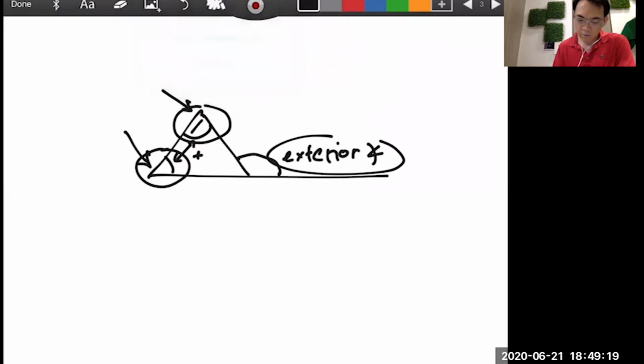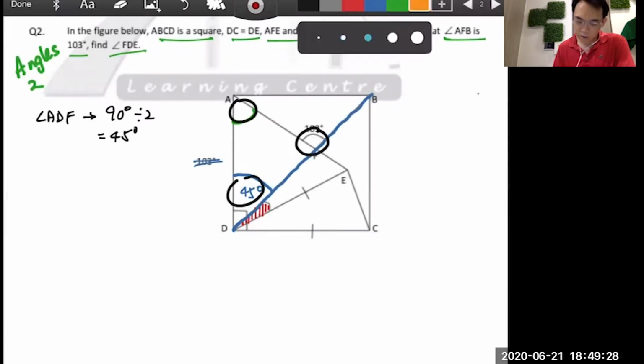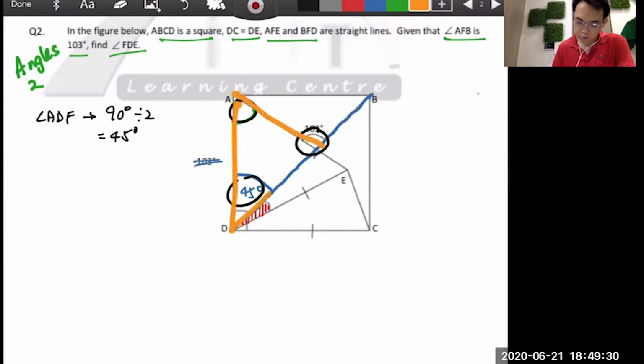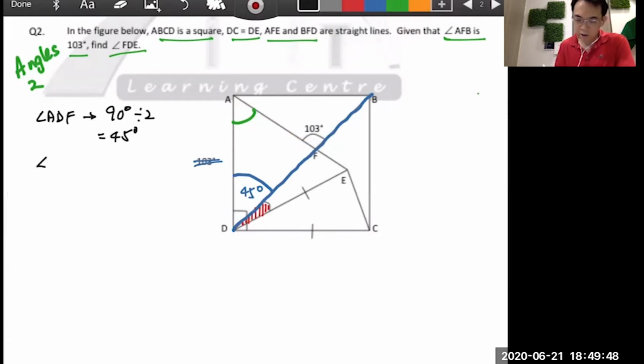So what I'm going to do now is I'm going to take this angle, I'm going to subtract this angle to get this angle because they all exist within this shape. All right, so 103 minus 45 gives me this. Okay, so I'm going to do that now. So that angle is called angle DAE here.